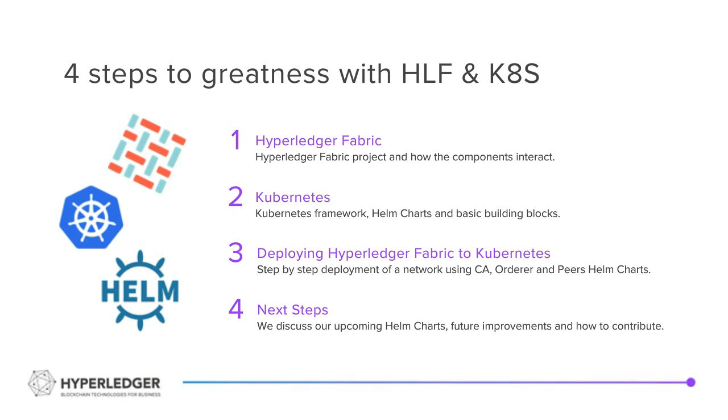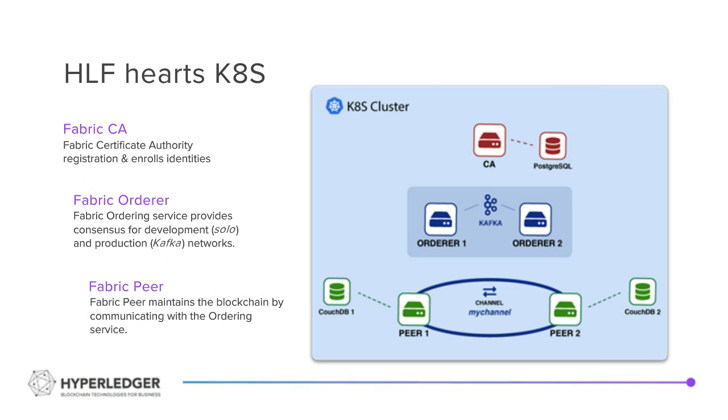Finally, we will cover the upcoming Helm Charts talks, courses, and how it is possible to contribute to the ecosystem. The result will be a certificate authority, an ordering service using Kafka, and several peers connected to each other through a channel. So let's get started. Yes.